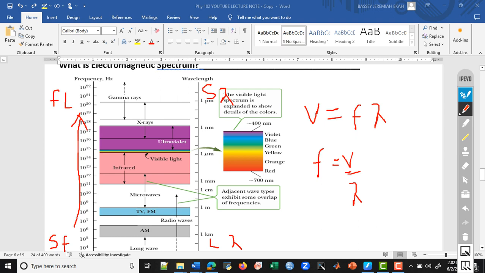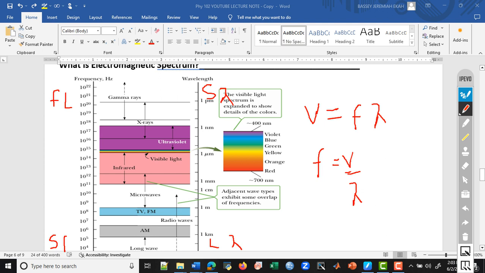So if I say decreasing wavelength, then you now see we move from the longer wavelength to shorter wavelength. So it's still the same thing as the first question. Please note it.